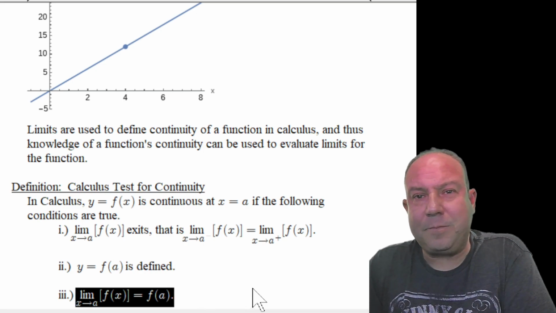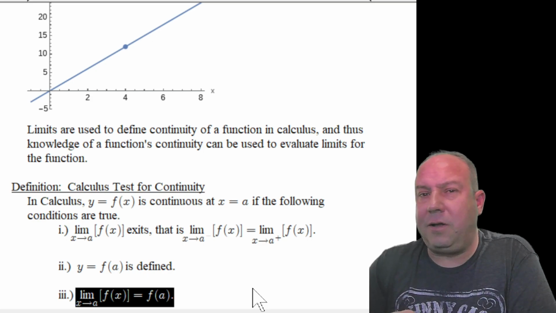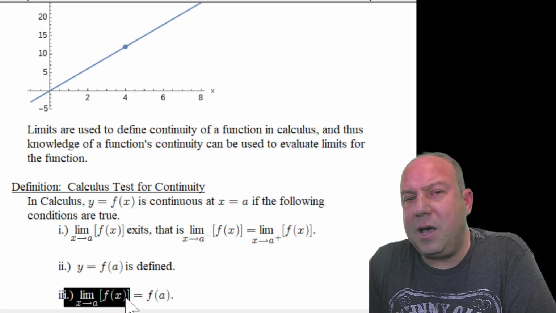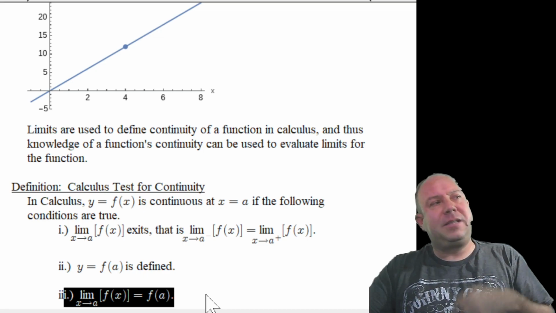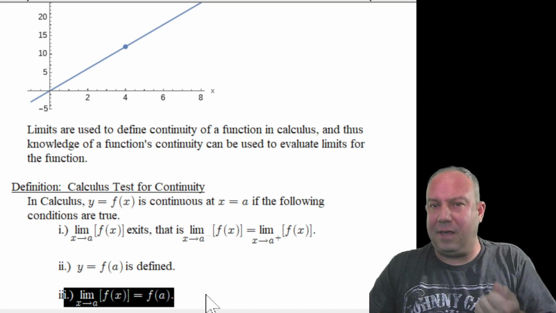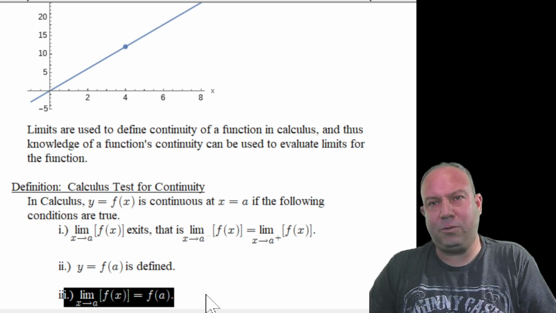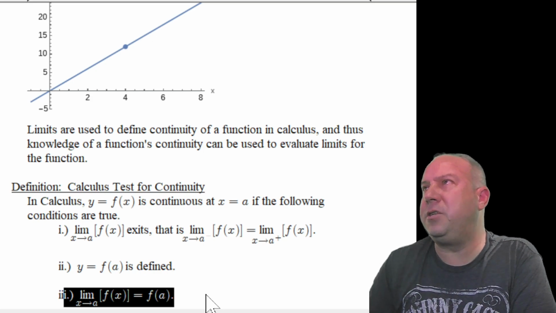This final result produces a method we can use to help us evaluate a two-sided limit, and that is a method we refer to as the substitution method.